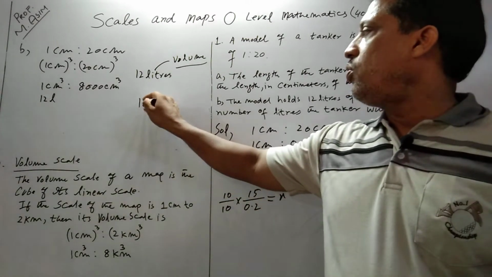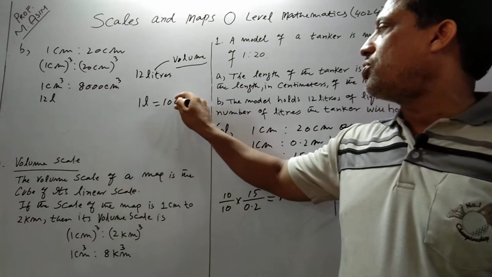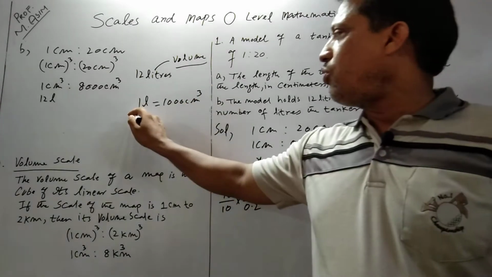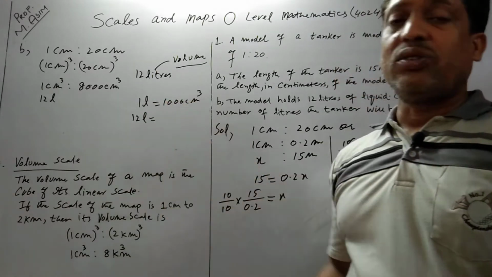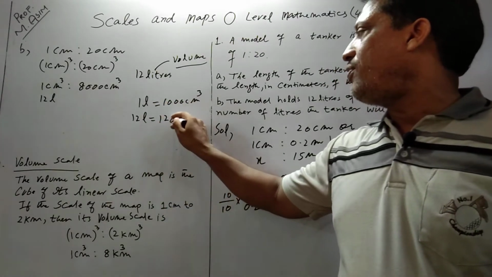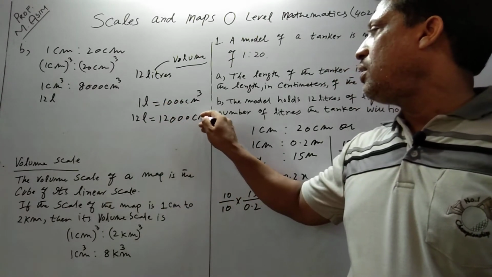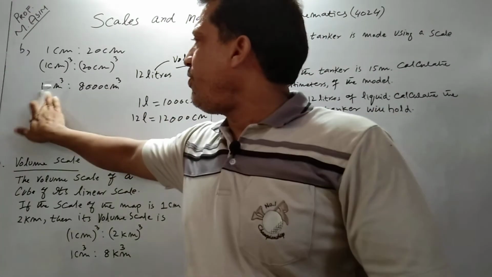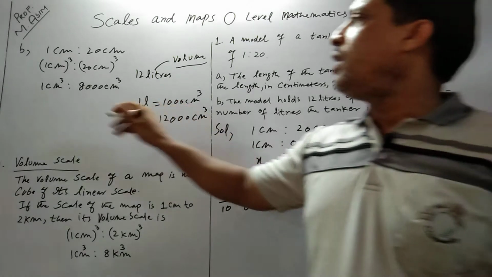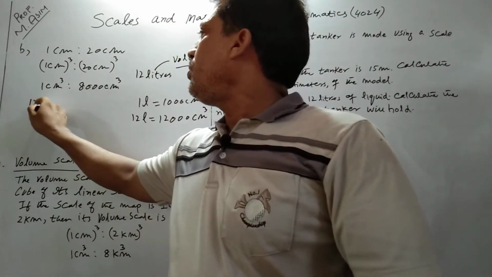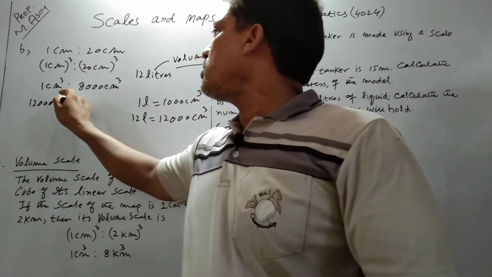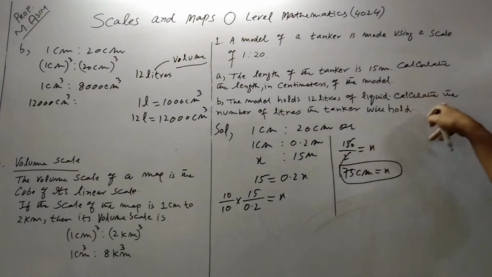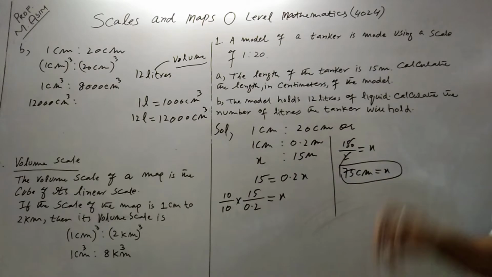You must know 1 liter is equal to 1000 centimeter cubed. Therefore 12 liters is equal to 1000 times 12, which is 12,000 centimeter cubed. So 12 liters represent 12,000 centimeter cubed, and the requirement is to calculate the number of liters that the tanker will hold.